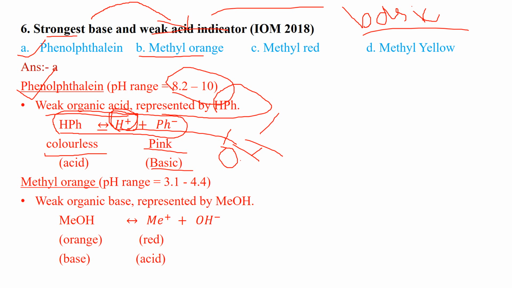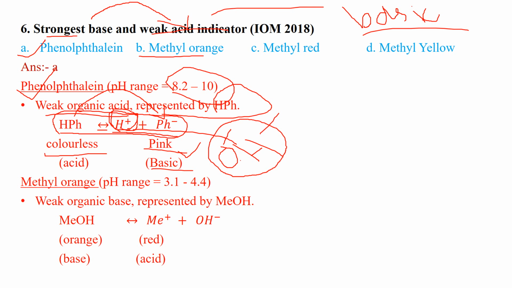Then according to Le Chatelier's principle, the equilibrium shifts from left to right, from high concentration to low concentration, because the concentration on the right side decreases due to the formation of water by the combination of H+ and OH− in basic medium, so the color will be pink in basic medium.